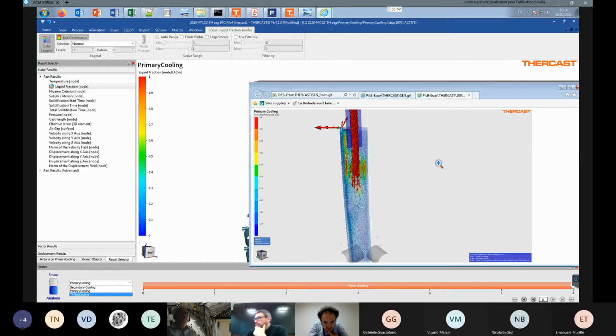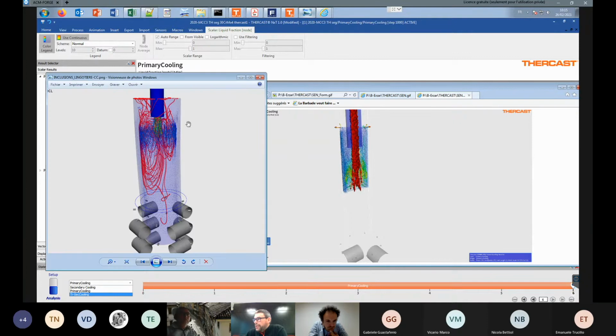In the casted product, we can also use this kind of simulation to assess, as a very recent feature in the software, how inclusions are going in the molten steel flow.